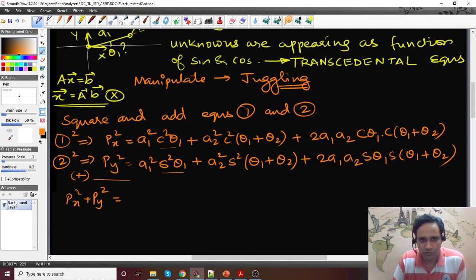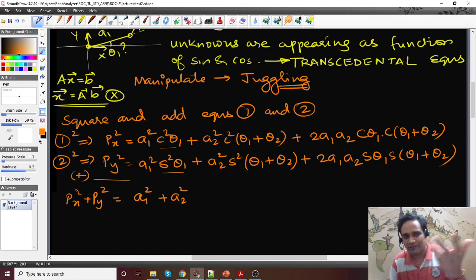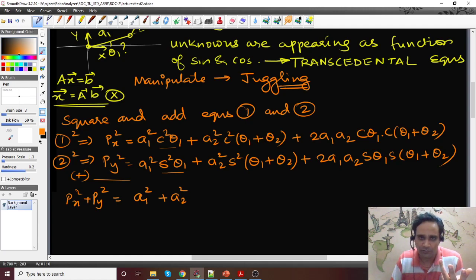When I add these two, it will become a1 square common, cos square theta 1 plus sine square theta 1, so this will become a1 square. Similarly for a2 square, cos square of theta 1 plus theta 2, you can assume it's some number, like beta. Theta 1 plus theta 2, if you assume as beta, it will become a2 square cos square beta plus a2 square sine square beta. A2 square is common, so that will be there here.